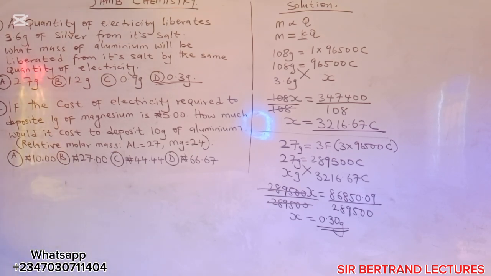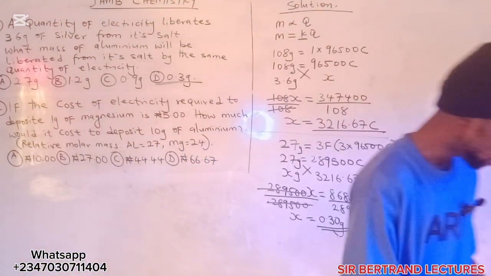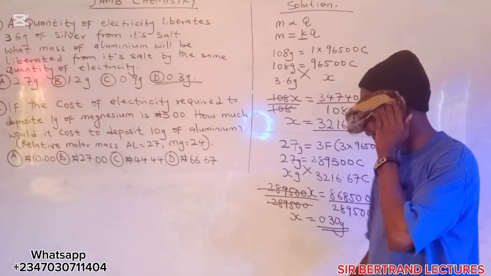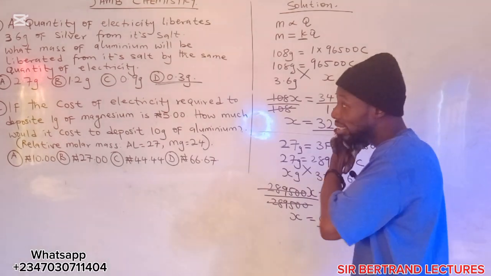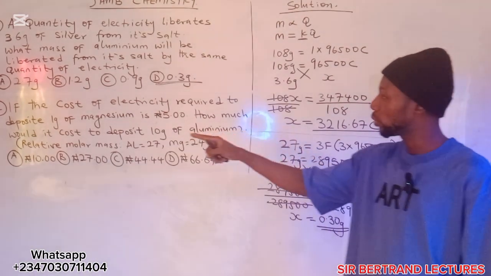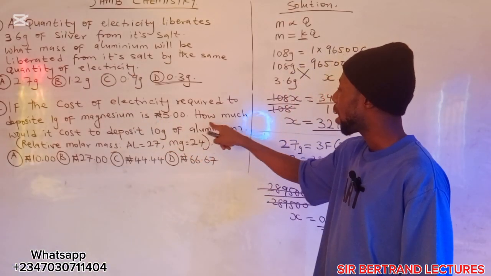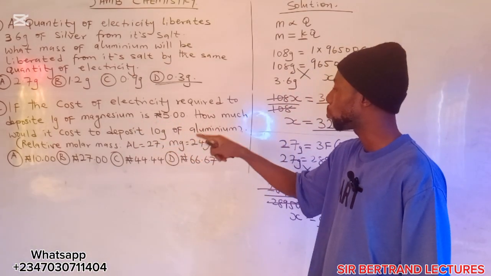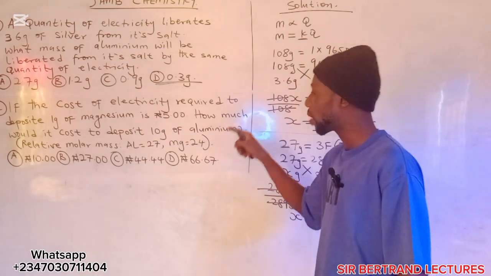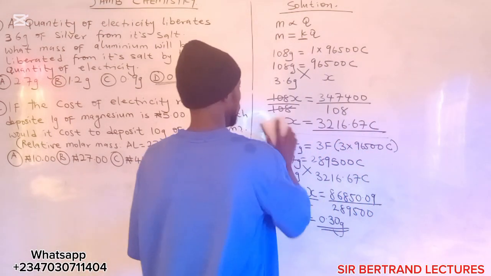The relative atomic mass of aluminium is 27 and that of magnesium is 24. Now let's move to the solution.